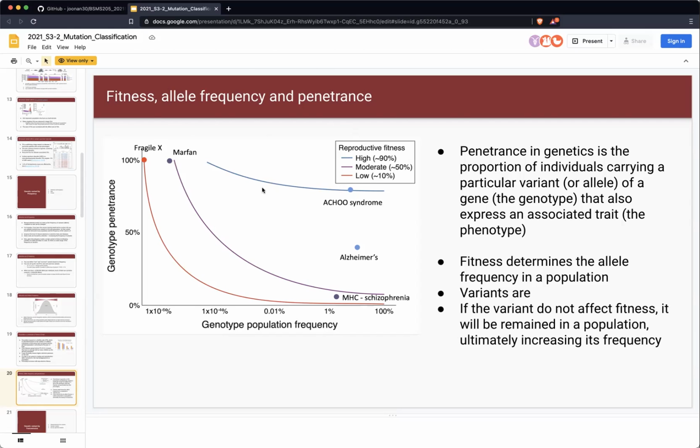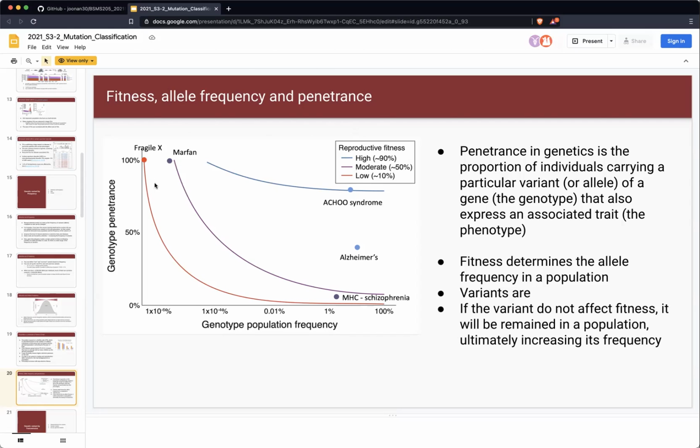So it's red color here, right? And another example is Marfan syndrome. With Marfan syndrome, not all patients die before the mating period. Some of them survive successfully, but some, 20% or 30%, die before 20 years old. So they have about moderate fitness, right?